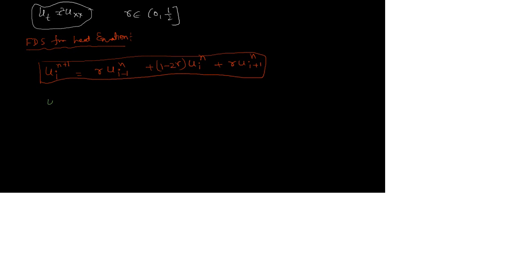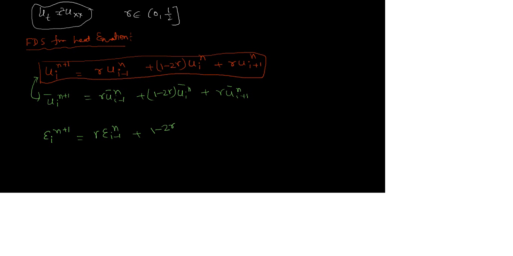In the same way we can write u_i^(n+1) bar equals r u_(i-1)^(n+1) minus 2r u_i^n plus r u_(i+1)^n. Subtracting these two, we get the error at n+1: error_(i-1)^(n+1) plus (1 minus 2r) error_i^n plus r error_(i+1)^n.